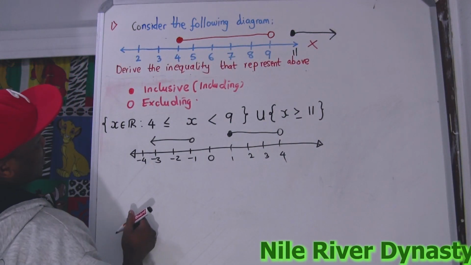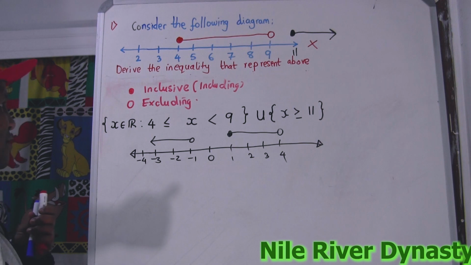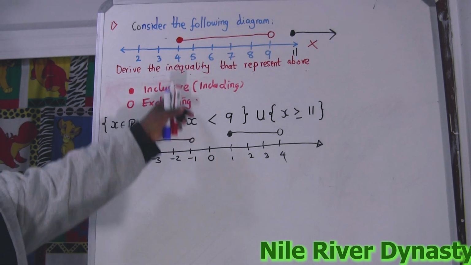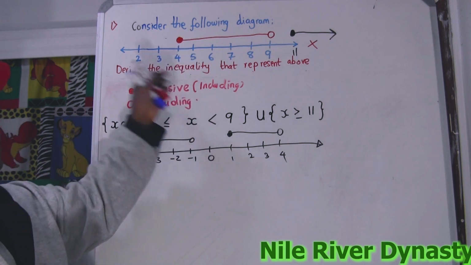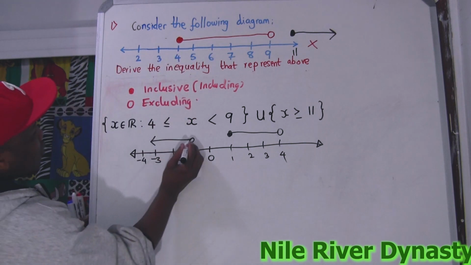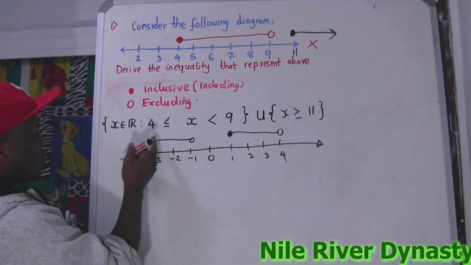I'm going to say, always start from the left. Can you see here, start from the left. You start on the left and go to the right. So this goes all the way to negative infinity, because you don't know where it's going to stop.